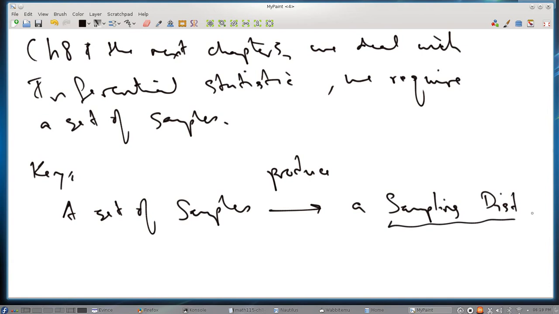By obtaining a sampling distribution from a set of samples, we can study a group of numbers or variables at the same time. So I have a bunch of numbers that we can study at the same time, and the sample is the key here, and that means that we're going to look at the mean value, or mean values to be exact. Now the big question then is, why do we need a sample?